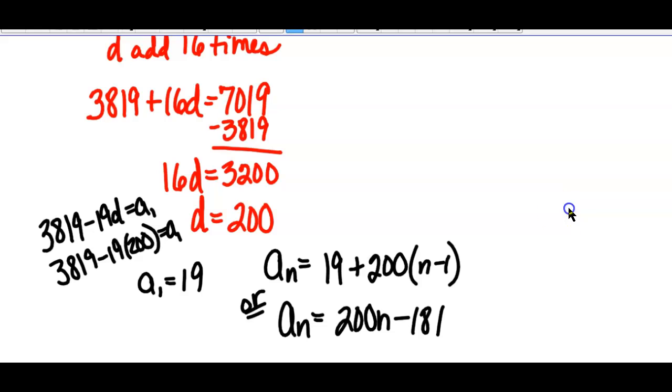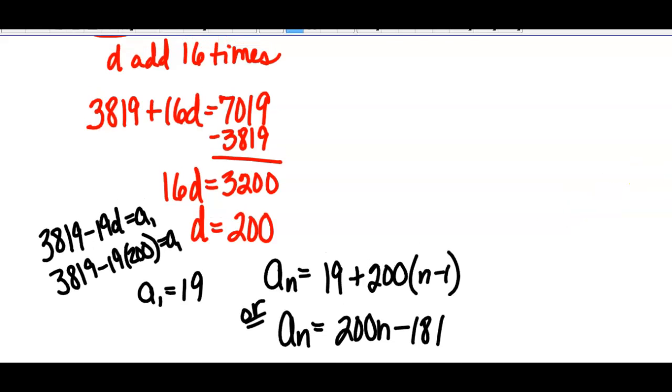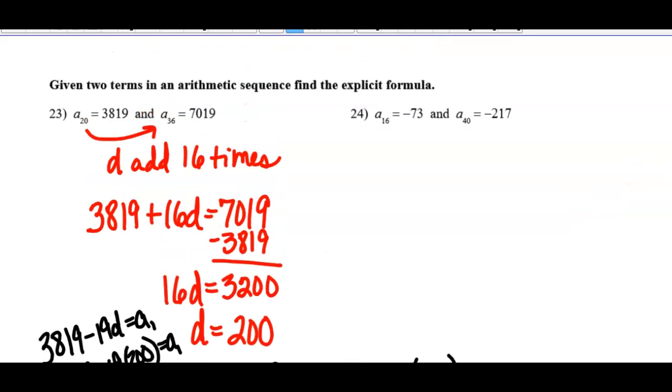All right, let me do another one of those. Definitely a little tricky. So here to here is a difference of 40 minus 16, which is 24 terms. Differences were added.